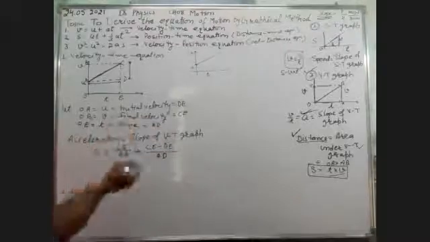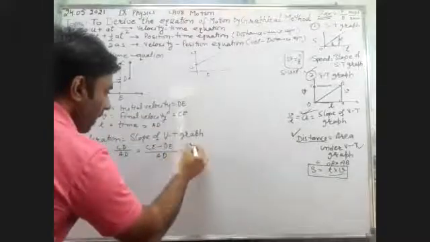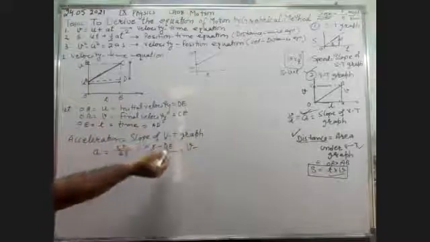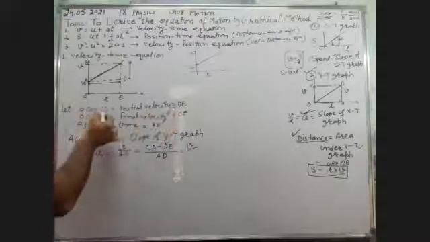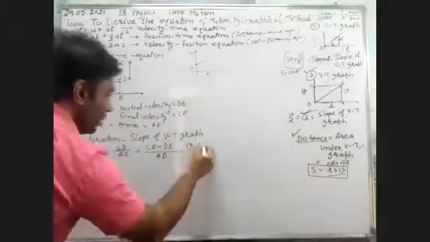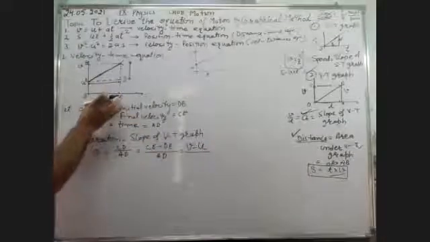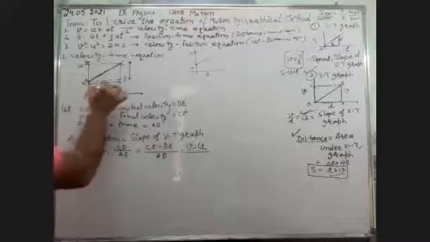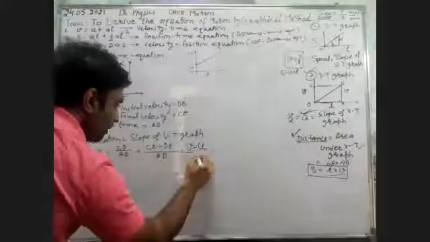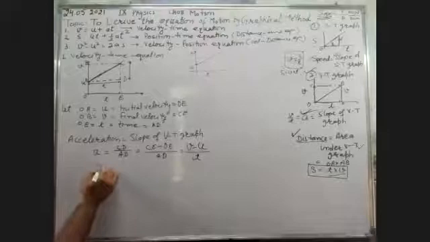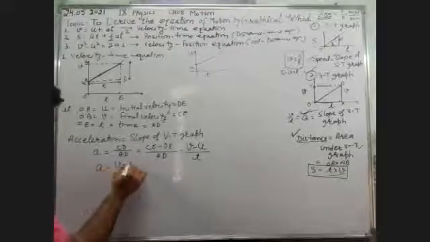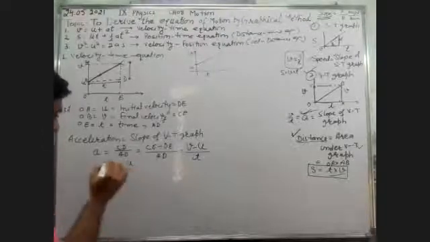It is V. What is DE? DE is equal to U. AD is opposite to OE, and OE is T. This value is T. So what is the formula? A is equal to V minus U divided by T.